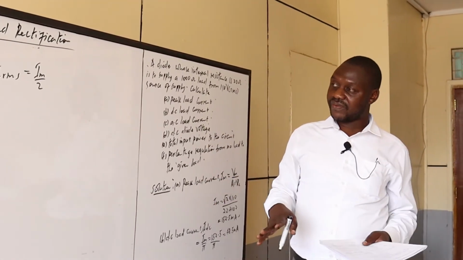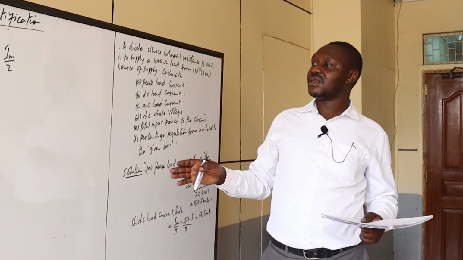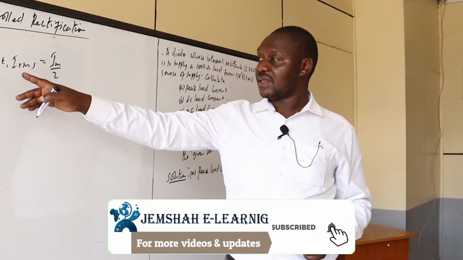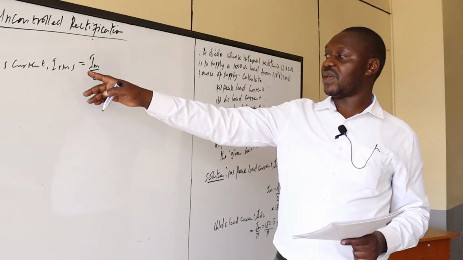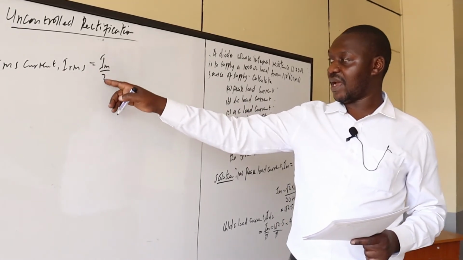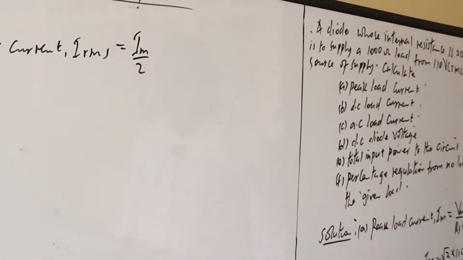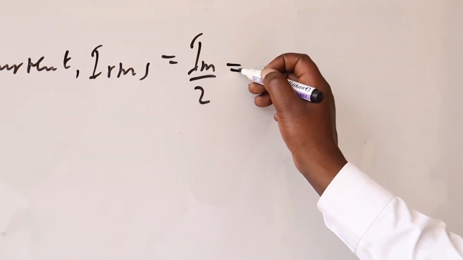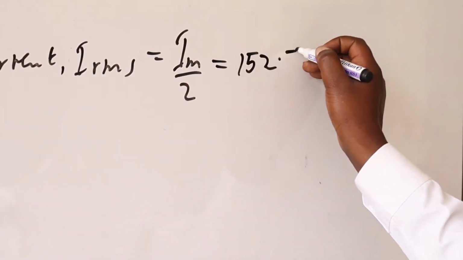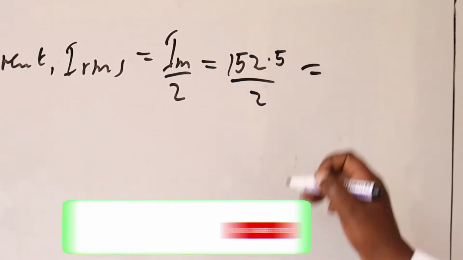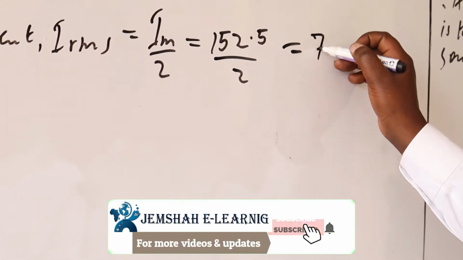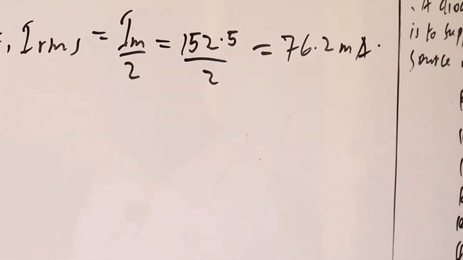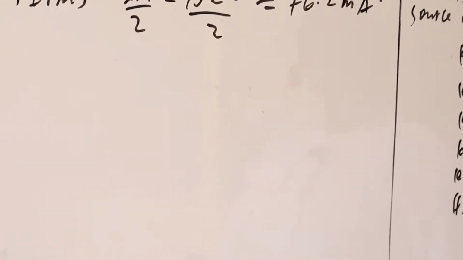And we know that current waveform and voltage waveform are similar for a sinusoidal waveform. So our root mean square value of current will also be Im over 2, the way we had Vm over 2. So we have our Im, which is 152.5, divided by 2, giving us 76.2 milliamperes. Then that was part C.